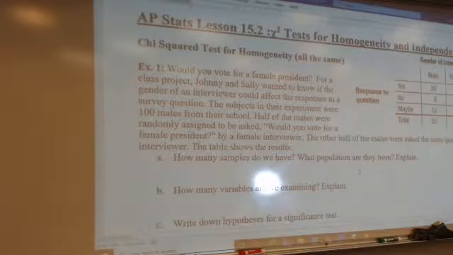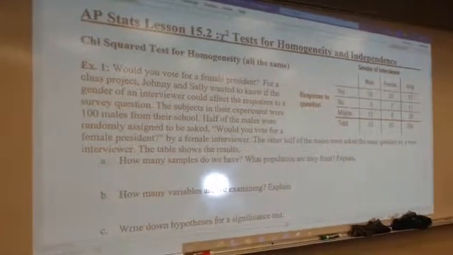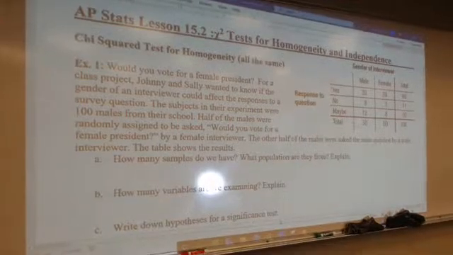Last time, we did the chi-squared goodness of fit test. What that does is it compares some categorical data to a claimed distribution. If the company claims it's a certain distribution, we will see if that claim is correct.